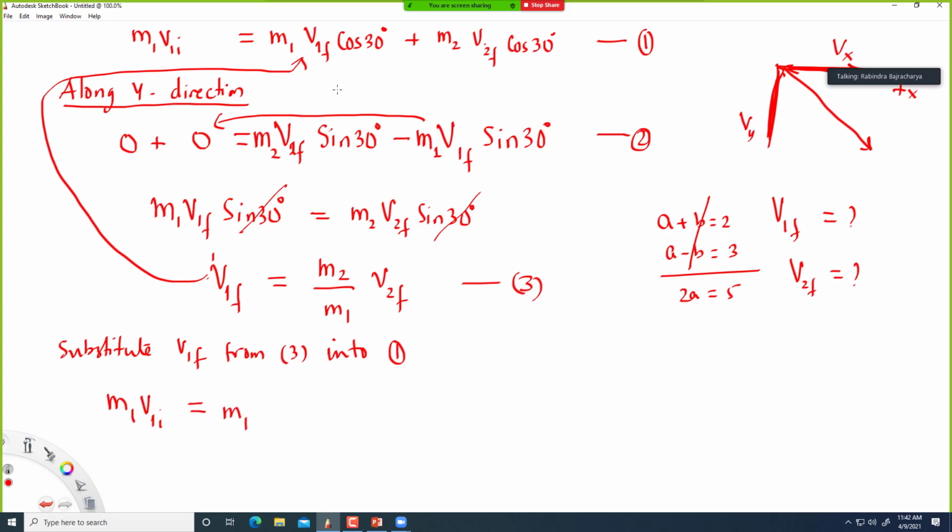So I'm replacing this v1f by that. So m2 over m1 v2f. The reason for doing that is again just to get the equation in terms of one unknown instead of two unknowns. That's cosine 30 degrees plus everything else is the same.